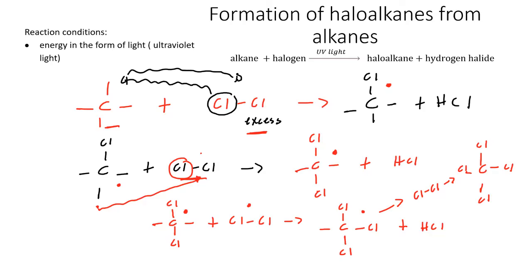Tetrachloromethane. From chloromethane, dichloromethane, trichloromethane, tetrachloromethane. This reaction happens in the presence of UV light, ultraviolet light, simple sunlight, because that's where we get our UV on Earth here. That's the reaction. An example of a particular substitution.